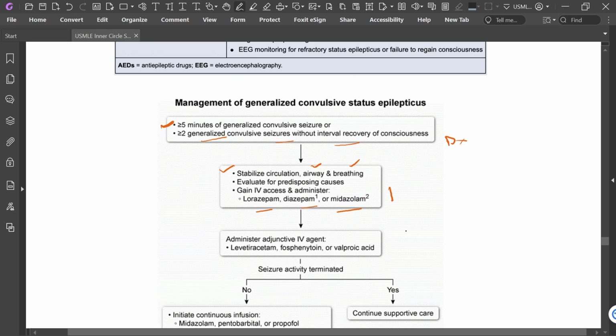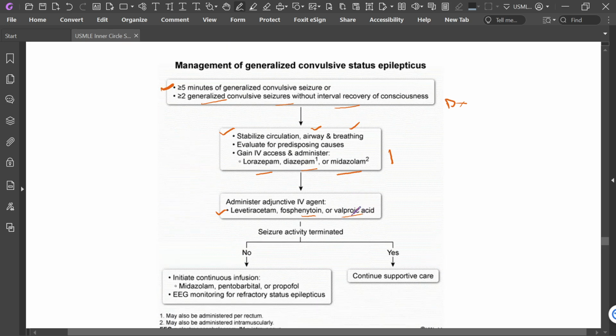Then we can use an adjunctive IV agent. If the seizure persists, then we can add an adjunctive IV agent: levetiracetam, fosphenytoin, or valproic acid. If seizure activity is terminated, then continue supportive care.